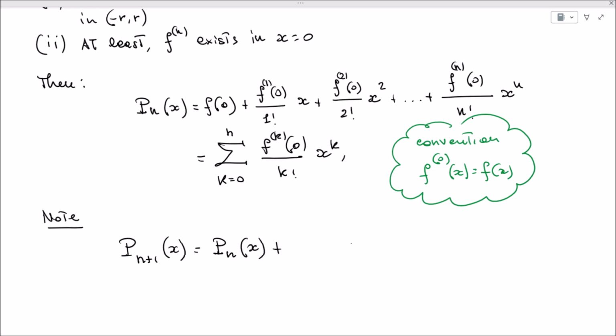And we know what the last term is going to be. It will be the term that contains the power with the exponent n plus 1, and the coefficient will have n plus 1 factorial at the denominator, and it will be the derivative of order n plus 1 evaluated at 0. Okay?